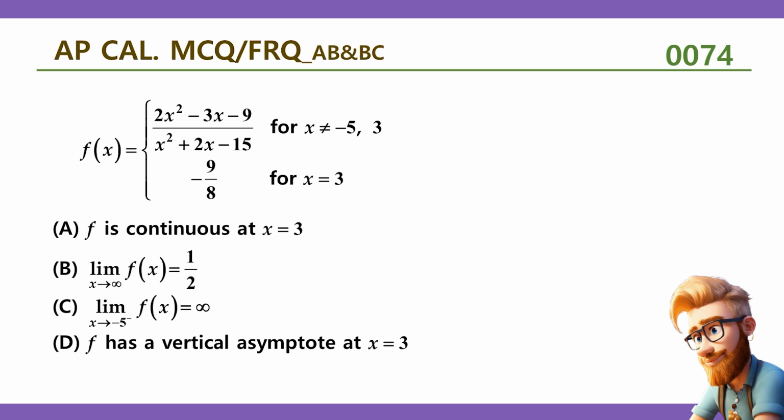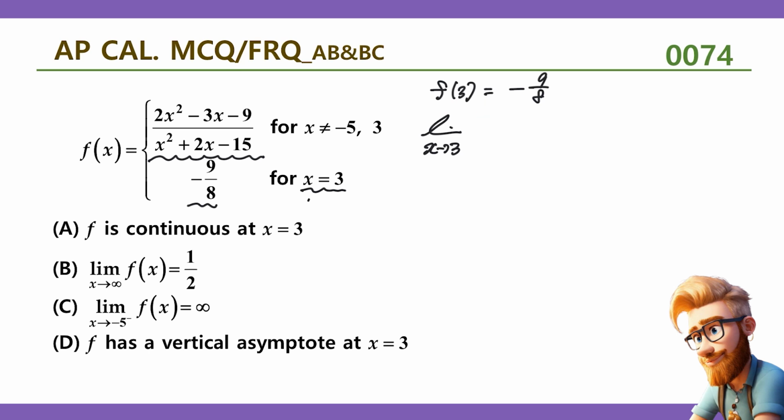When x is equal to 3, the function value is negative 9 over 8, so f of 3 is equal to negative 9 over 8. And we want to check if the limit as x approaches 3 of f of x, this expression right here, is equal to the function value f of 3.